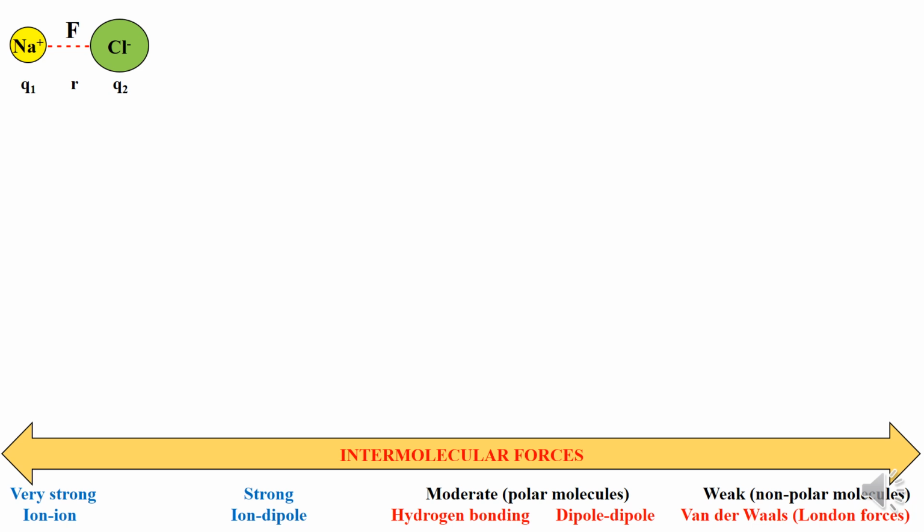Now, the electrostatic force of attraction between the oppositely charged ions is described by Coulomb's law, which states that the electrostatic force of attraction between the oppositely charged ions is directly proportional to the product of charges and inversely proportional to the square of distance between the ions.